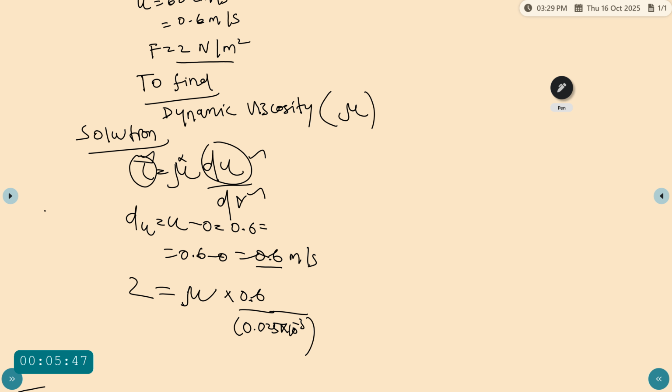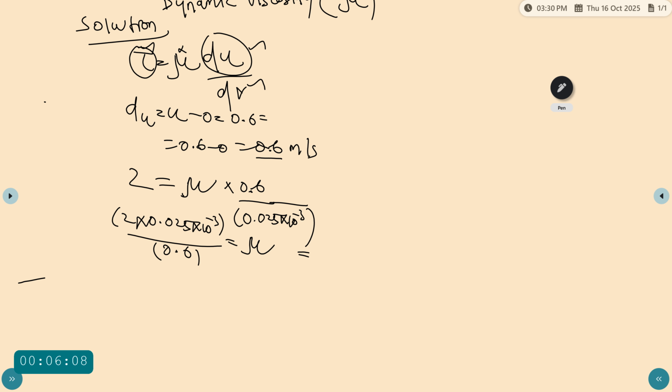So cross multiply this value: mu equals 2 into 0.025 into 10 power minus 3 divided by 0.6. That will give the mu value. Solving this, put brackets in the calculator, and multiply and divide the values to get the answer.